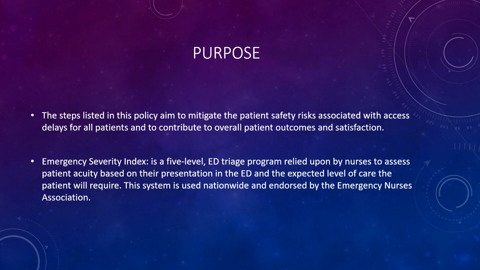The ESI of 2 is going to be those who could potentially become life-threatening if timely interventions are not made. So typically this is going to be your shortness of breath patients, your chest pain patients. We also include in this our suicidal patients because they require one-on-one care at all times due to the risk of self-harm.